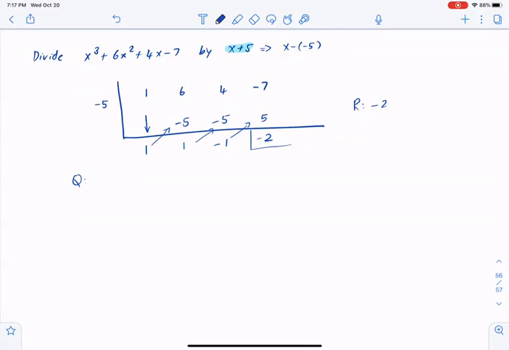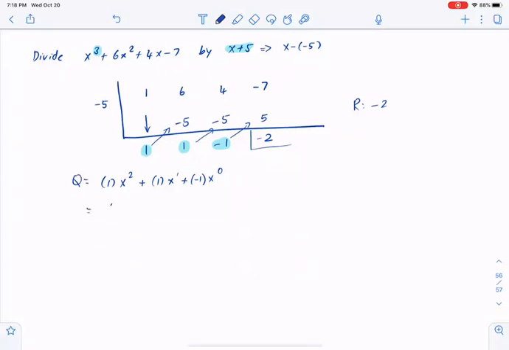So since we have x cubed, I'm going to start with x squared, followed by x raised 1, followed by x raised 0, decreasing powers of x. So the coefficients now are 1, 1, minus 1.